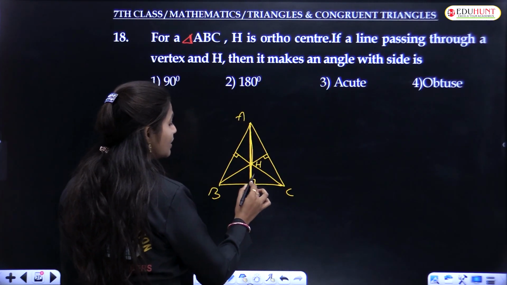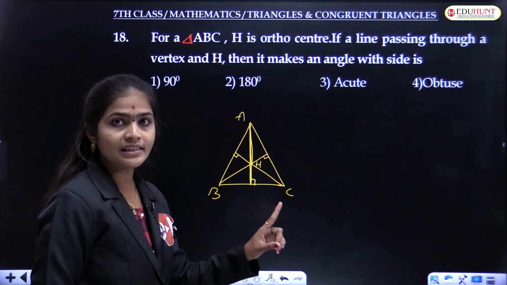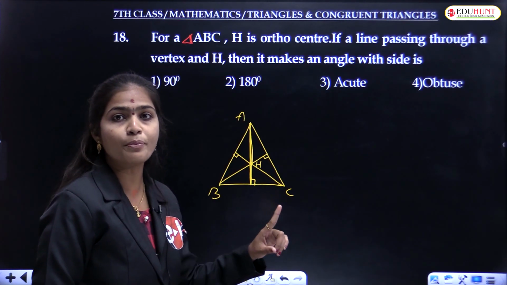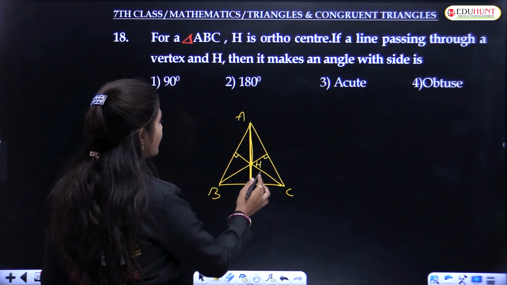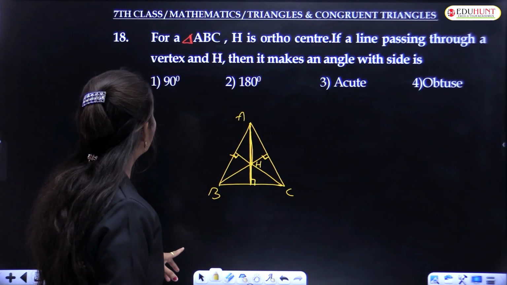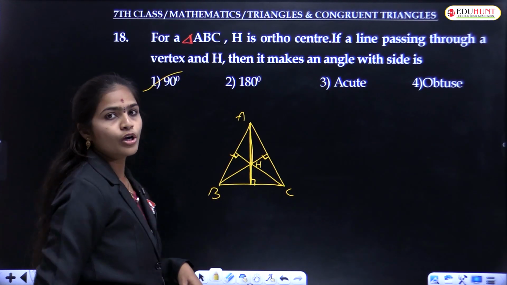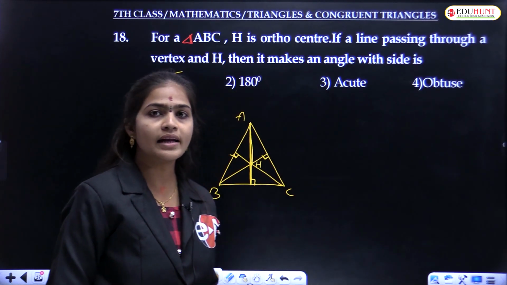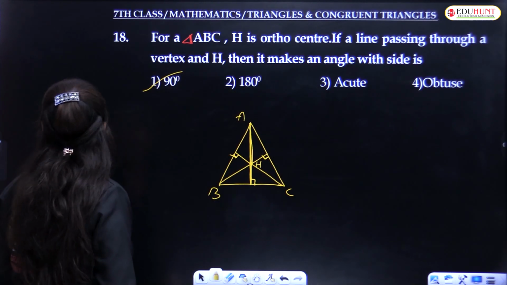Here also 90 degrees and here also 90 degrees. That's what they are asking. So what is our answer? Yes, option 1, that is 90 degrees. Is it clear, children? So let us see the next one.